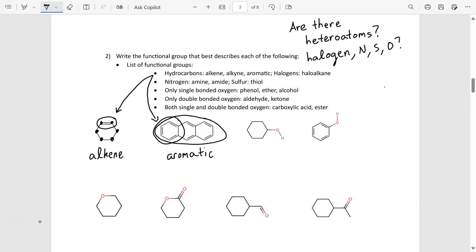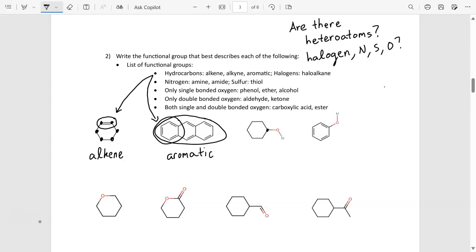Okay. Now in the third example, notice how we do have heteroatoms, and we do typically want to go through, is it a halogen, nitrogen, sulfur, or oxygen? And we notice that it's an oxygen. Okay, so as soon as I see that I have an oxygen, my next question is, how many bonds are there with that oxygen?